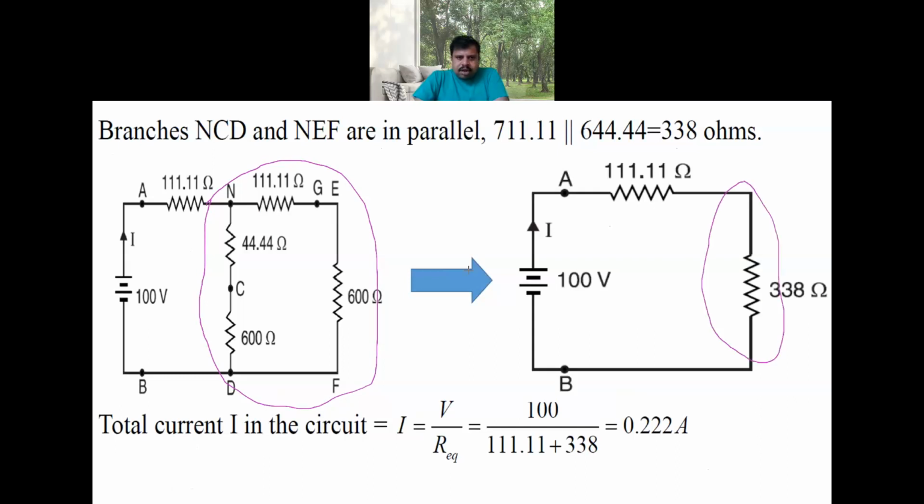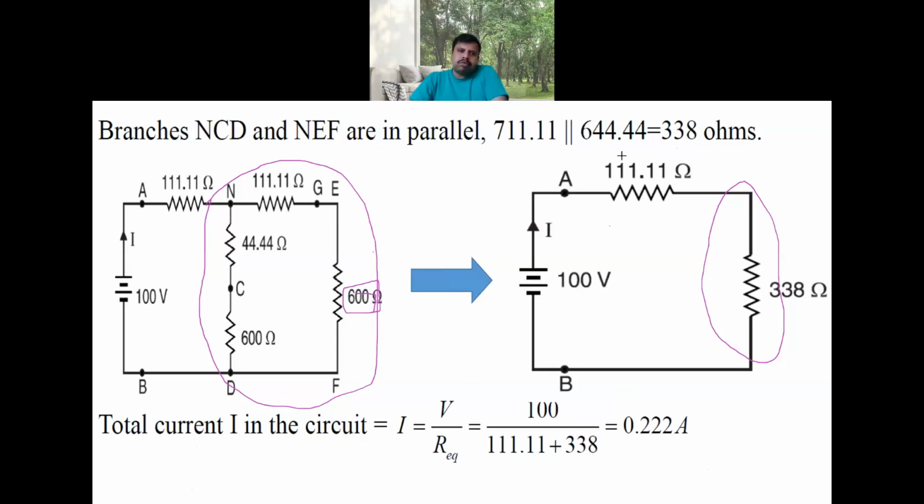So in this one, the 600 ohms and 111.11, these two are in series. That is in parallel with 44.44 plus 600. Now, these two simplified total resistance between N to D is nothing but 338 ohms.